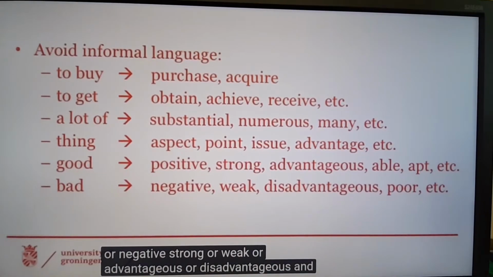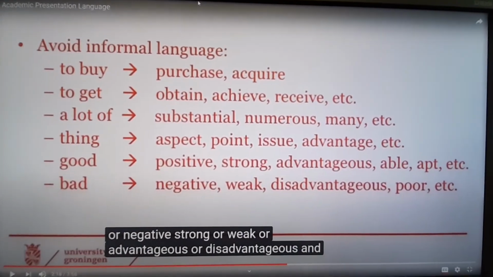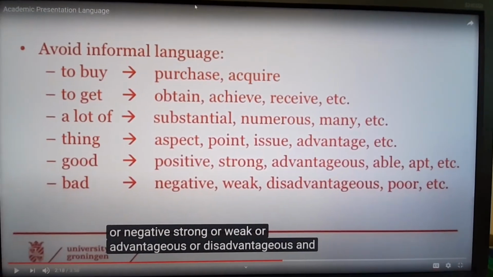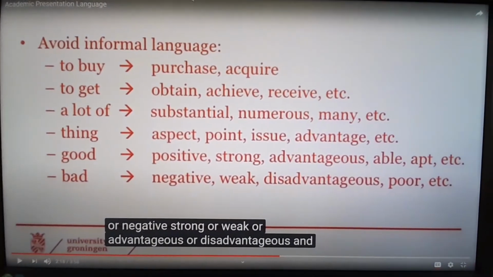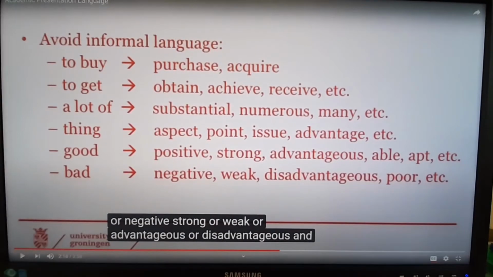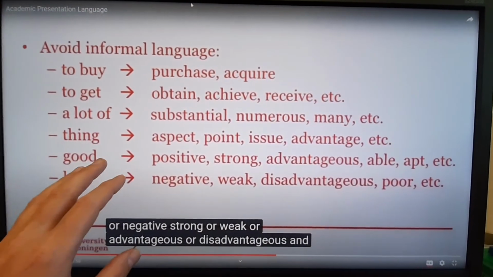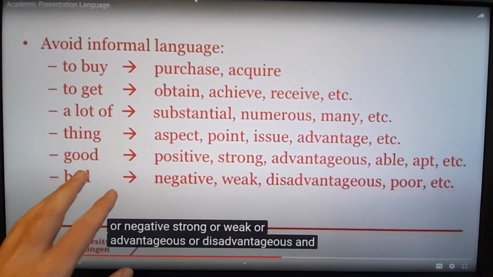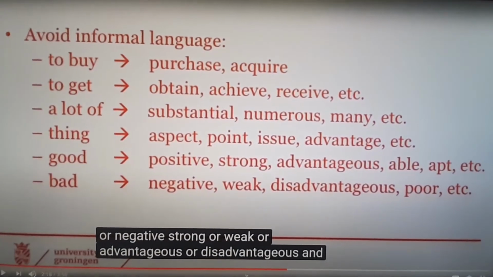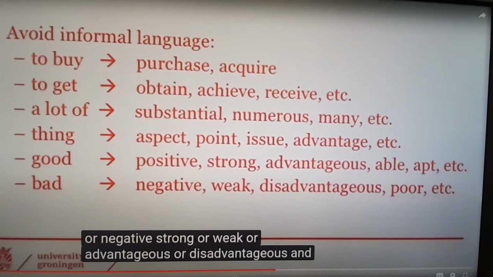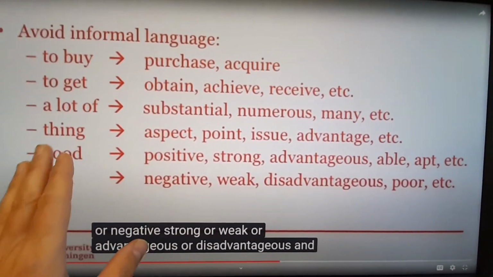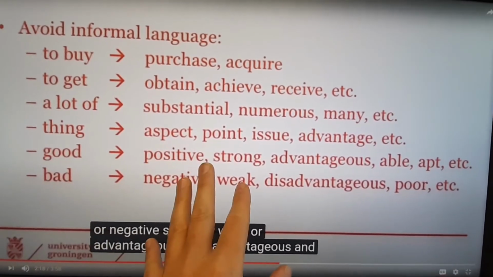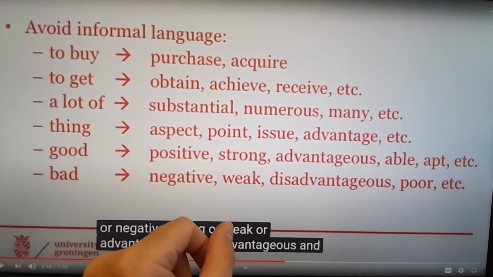When the professors or even other PhD students send me work just to check, I see these words like good and bad, and it sounds very basic to me. For university level, change these words into something stronger, like positive results.